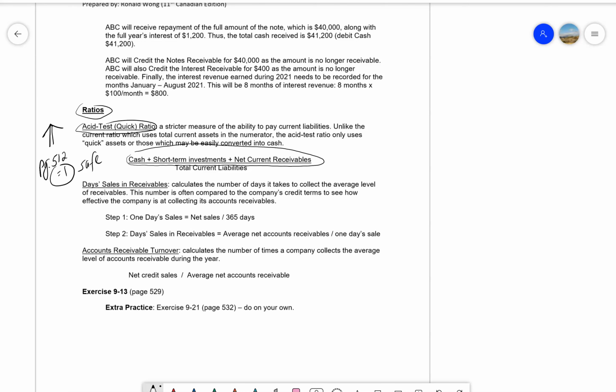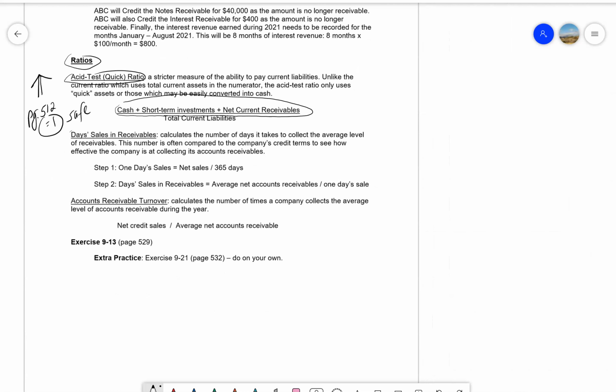Now, the two that relate to accounts receivable are days sales in receivables and accounts receivable turnover. Now, days sales in receivables calculates the number of days it takes to collect our accounts receivable. Now, obviously, we want to reduce that, right? We want the number of days it takes to collect the accounts receivable to be lower.